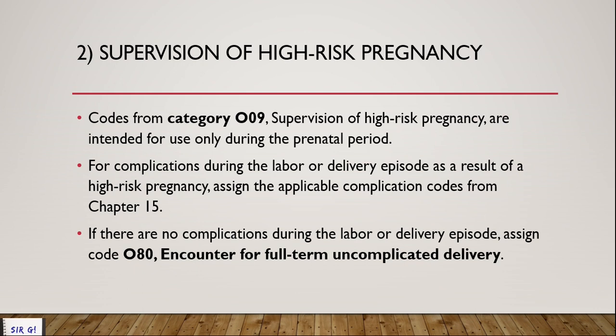Codes from category O09, supervision of high-risk pregnancy, are intended to be used only during the prenatal period, and these cannot be used with your Z34. For complications during the labor and delivery as a result of a high-risk pregnancy, assign the applicable complication code from chapter 15. If there are no complications, you have your O80 encounter for full-term uncomplicated delivery.